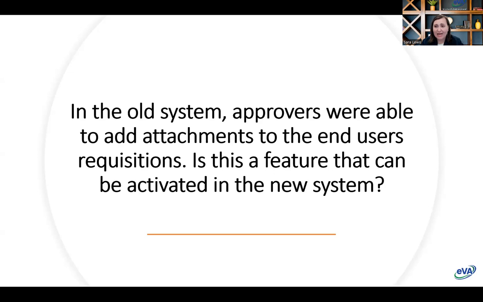For right now, approvers are not able to do anything except add their P card or select their P card for the order. So they can't add attachments, they can't add comments, they can't make any changes to the requisitions. There was a role in the previous platform that allowed some approvers to do that, but that currently is not something that they are able to do.